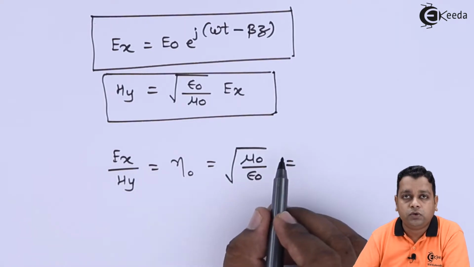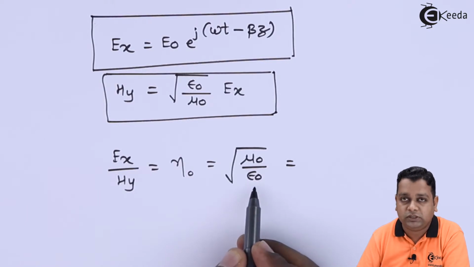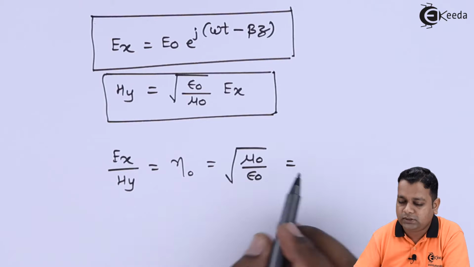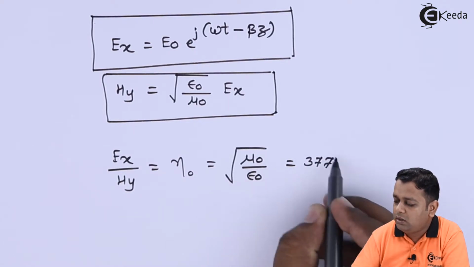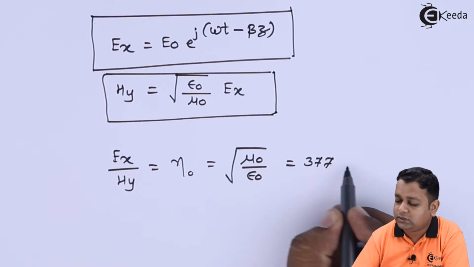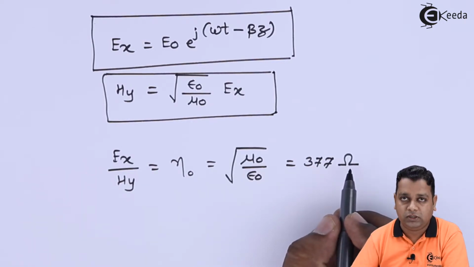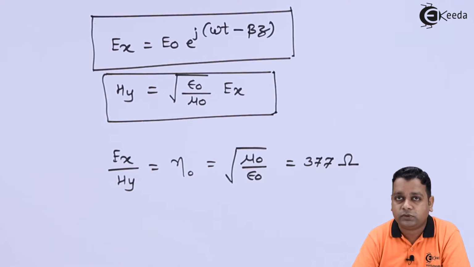If you substitute these constant values, this being the permittivity of free space and this the permeability of free space, we obtain a value rounded to 377. The unit of measurement is ohms. This intrinsic impedance you can compare with Ohm's law also.